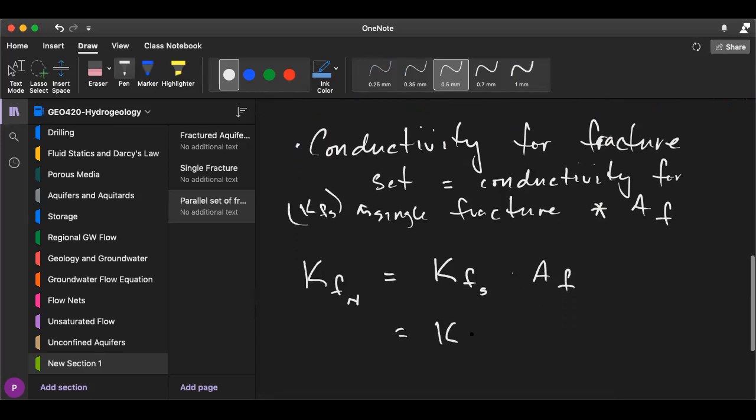And if I insert the equation above, this is equal to B times N. So the hydraulic conductivity of my fracture network is equal to the hydraulic conductivity of a single fracture times the fracture aperture times the fracture density.